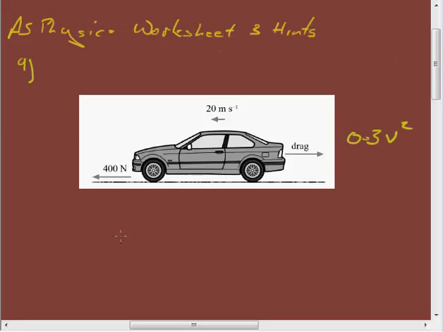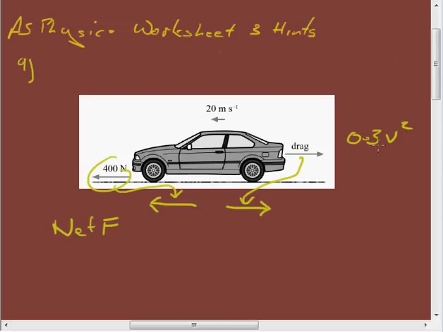Well, the net force is going to be a vector sum of the force in this direction plus the force which is in the opposite direction there. So now you're given this one, that's that one there, and that one is going to be due to the drag.